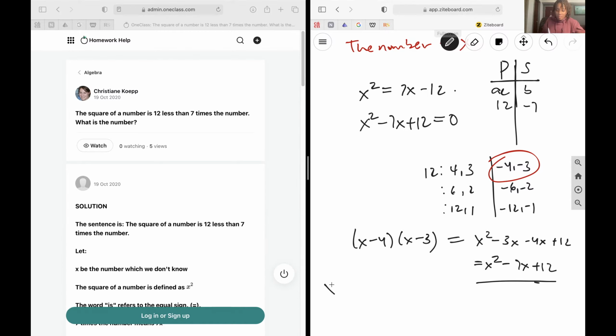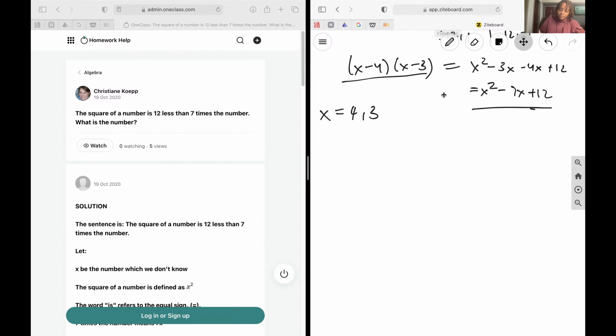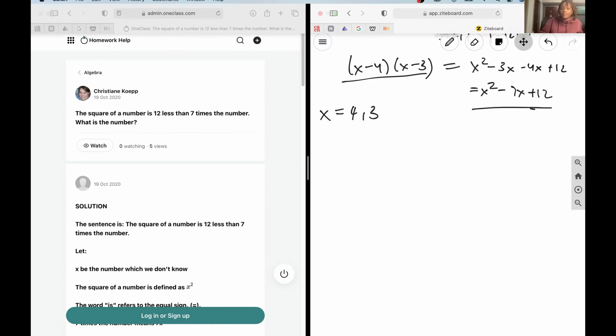And so my number x is equal to 4 or 3 if I solve for x in these two cases. So x minus 4 is equal to 0 means x is equal to 4, and x minus 3 is equal to 0 means x is equal to 3.